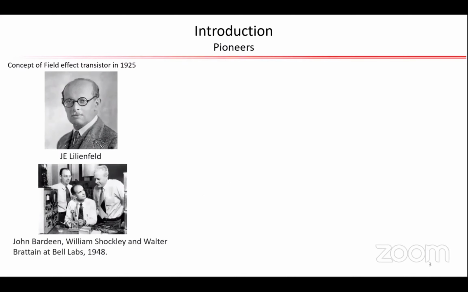So the concept of field effect transistor was introduced by Lilienfeld in 1925. He was unable to make a working field effect transistor due to some technical issues. But later on in 1948 at Bell Labs, Shockley and co-workers presented the first working field effect transistor.